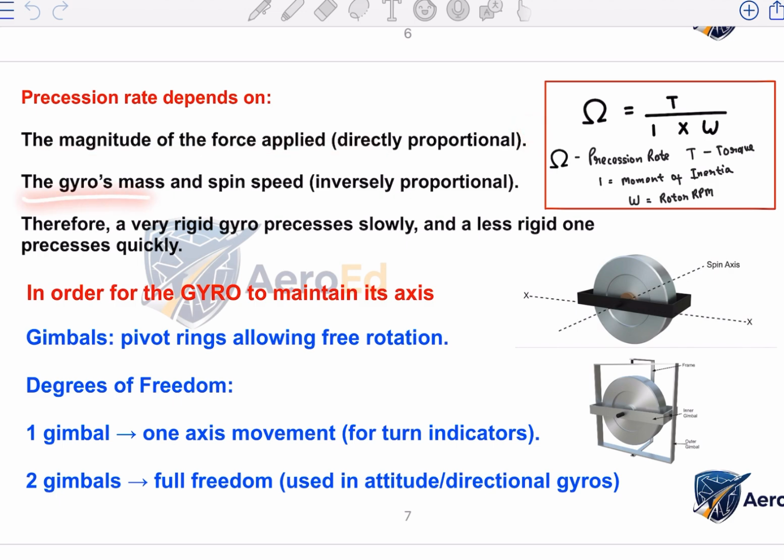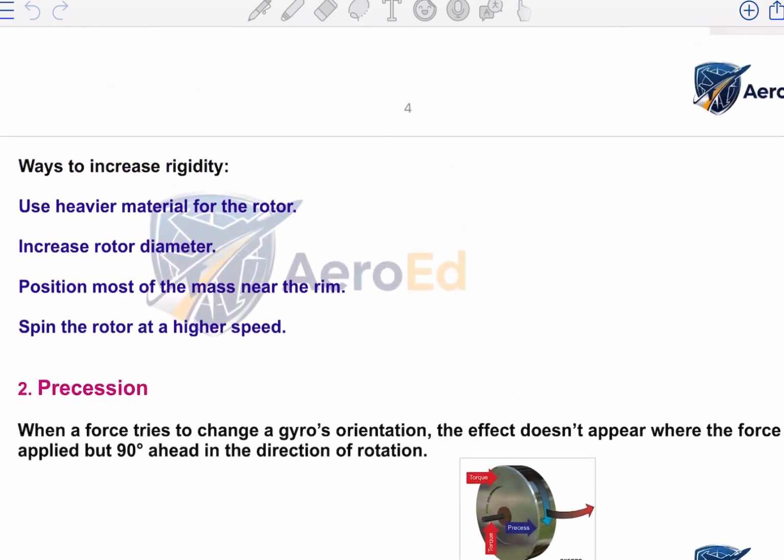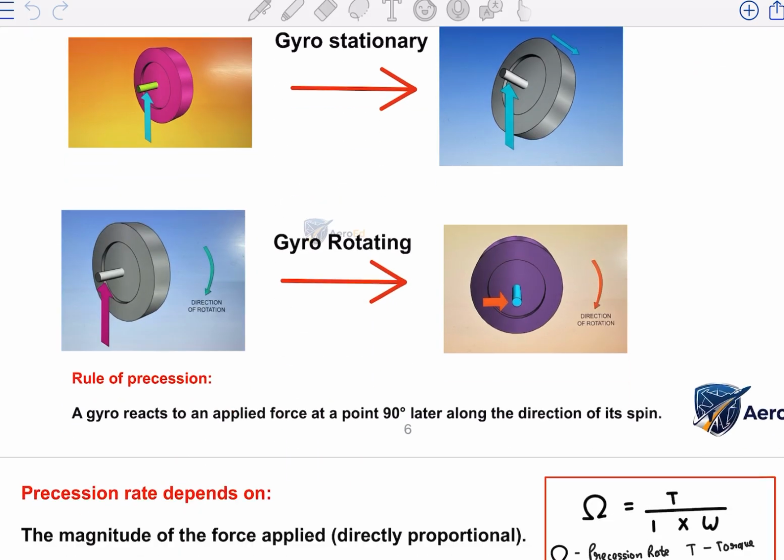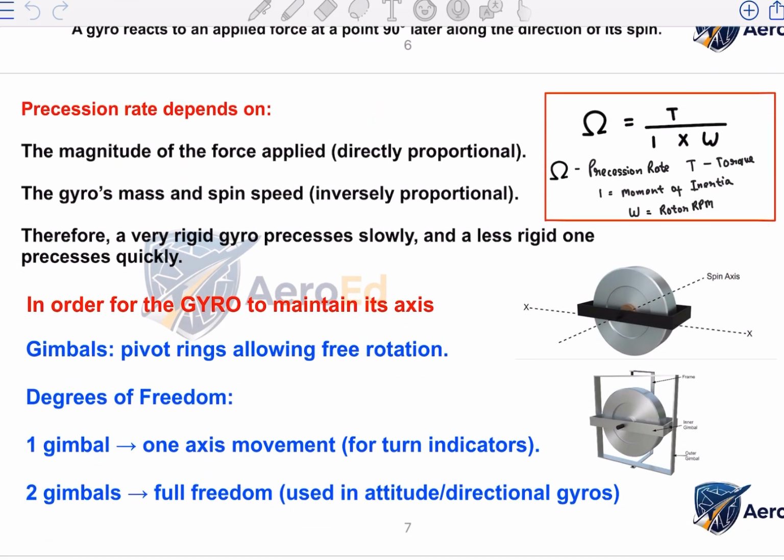And it also depends on the gyro's mass and spin speed. As we have already read, if we increase the mass of the gyro and the spin speed, the rigidity increases, right? And we know that rigidity is the opposite of precession. So it is inversely proportional in this case. As we increase the gyro's mass and the spin speed, the precession rate will decrease.